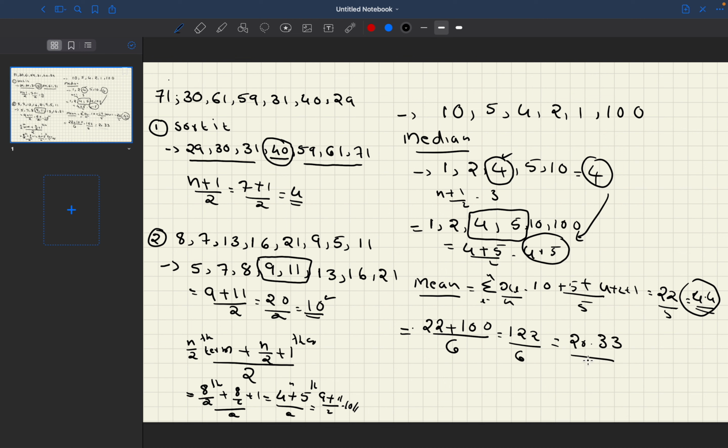So we can see how the mean has changed, from 4.4 to 20. That means it has changed almost 5 times. That is why in most cases we use the median. For the median we have a very small change by adding outliers. That is why we say the median is robust to outliers.